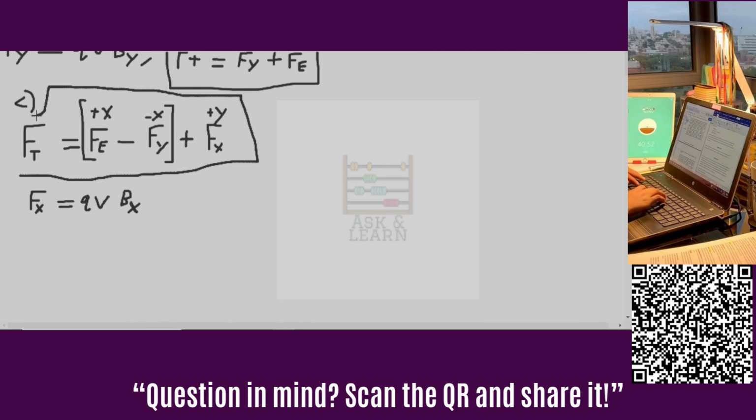So there's two ways you can write out the answer here. You can write them all with their directions. So you can have your force is equal to, we have the electric field force in the positive x direction.